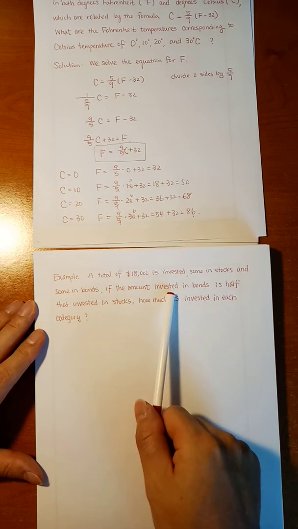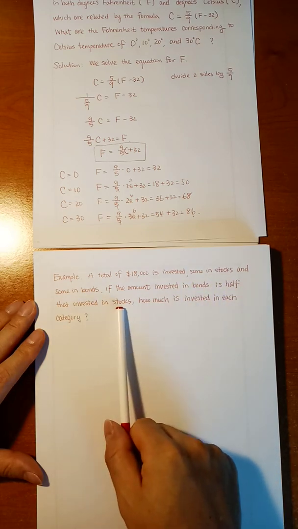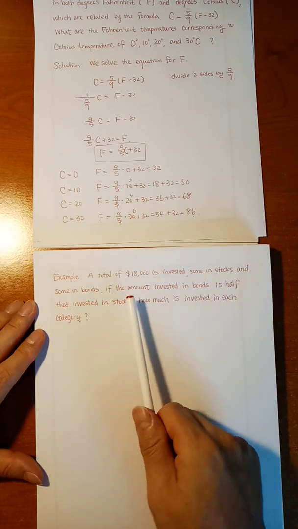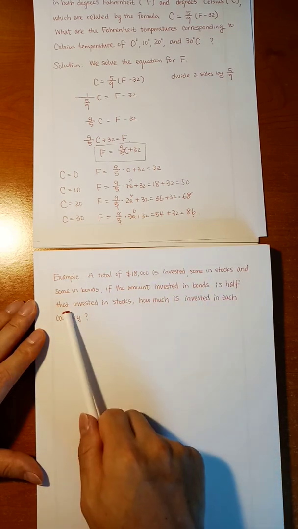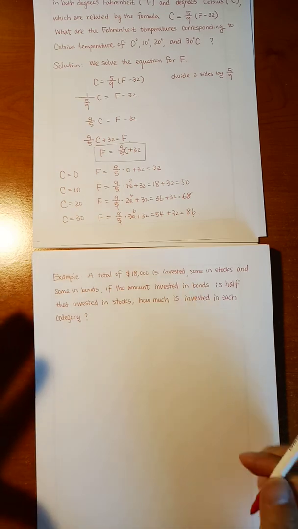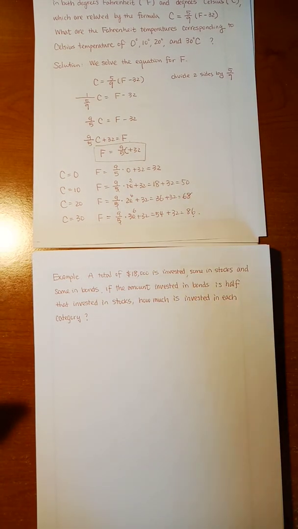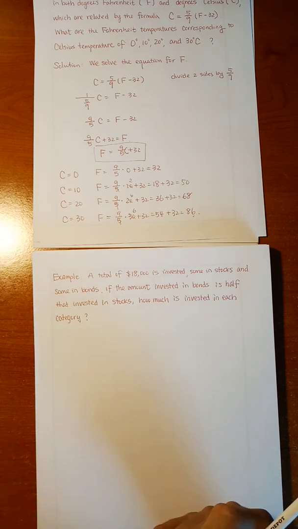The amount invested in bonds is half that invested in stocks. In other words, the amount invested in stocks is twice that invested in bonds. You see twice, you multiply by 2. You see half, you multiply by one half. That is a rational number, and I prefer to use integers, not rational numbers.